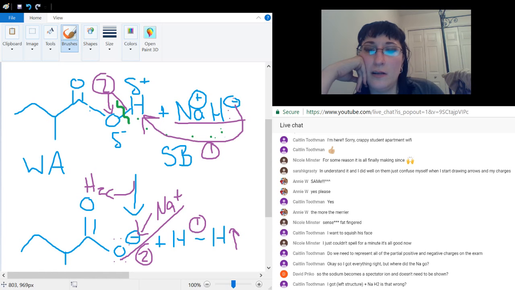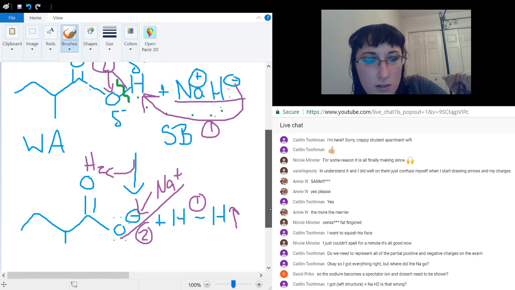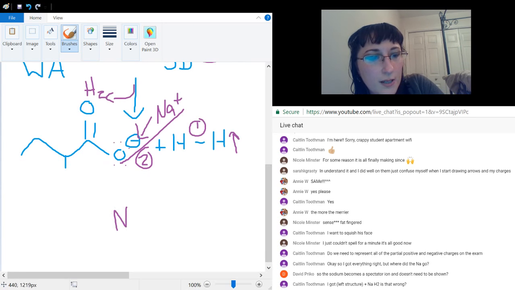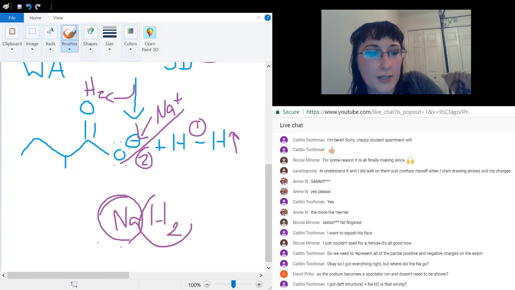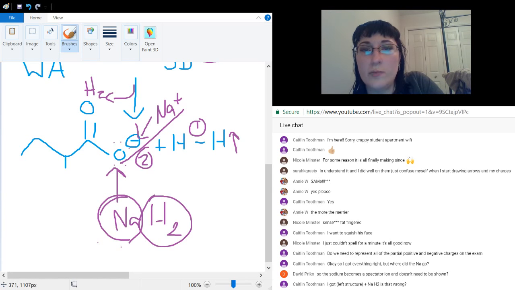I got the NaH2, is that wrong? So if you show it, that's a good question, Caitlin. Let me scroll down a little. If you show it like this, that is incorrect, okay? Because the sodium is no longer complexed to the hydrogen. It is now balancing the charge on the carboxylic acid, or what used to be the carboxylic acid.